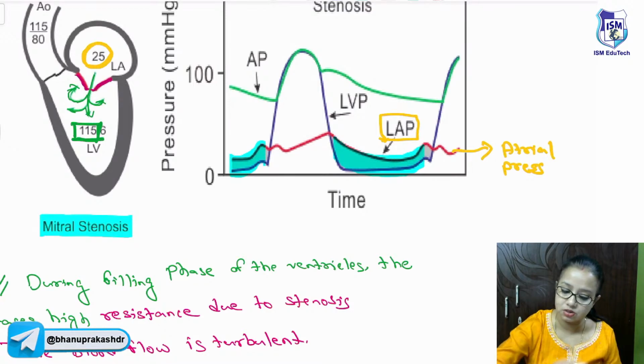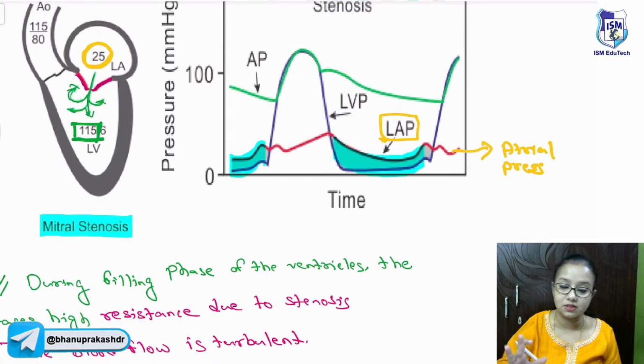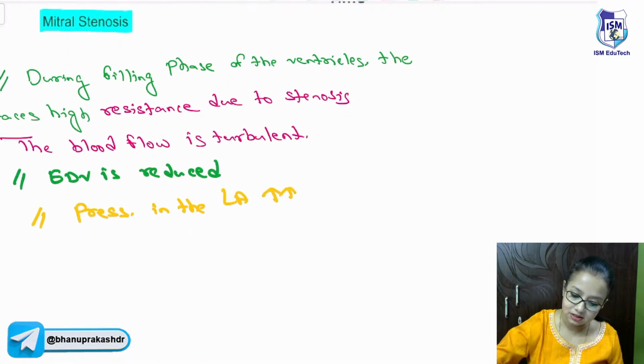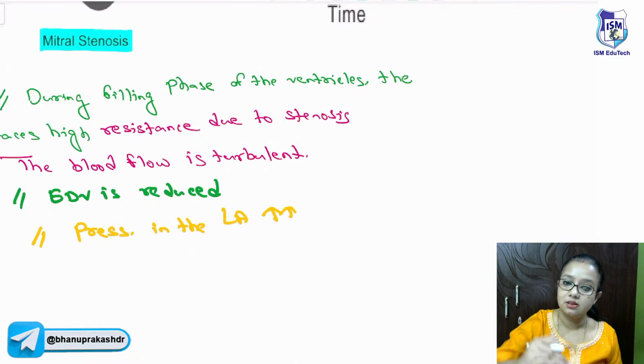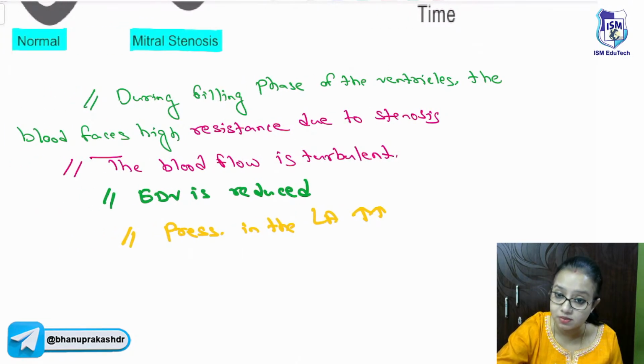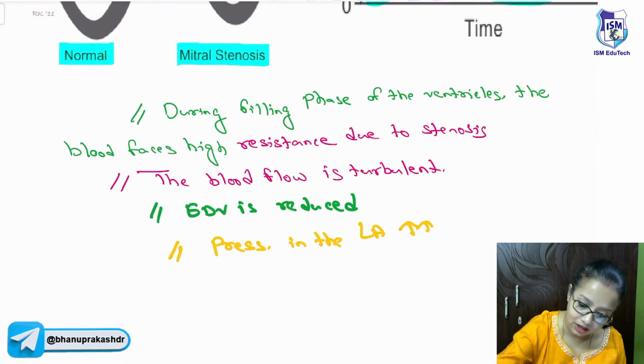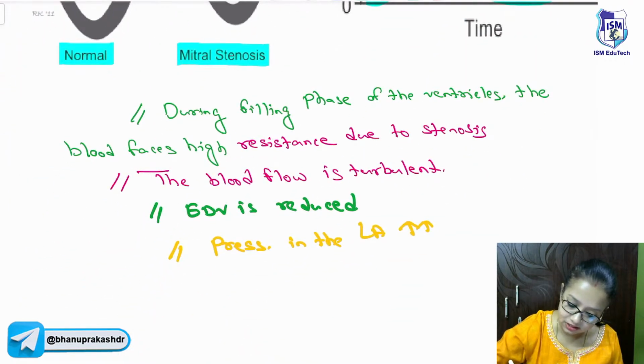Due to the stenosis, all the characteristic waves, A, V, C, X descent, Y descent, increase in their pressure. There is no deformation in the wave, but the whole base has increased. That means all the pressure in the left atrium has increased.